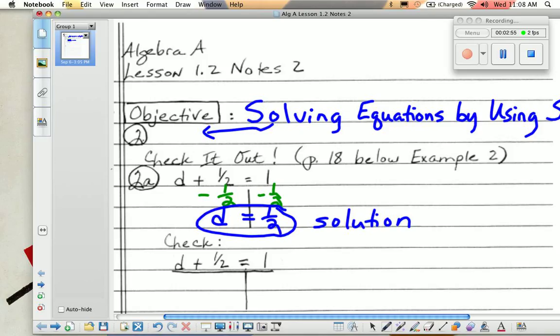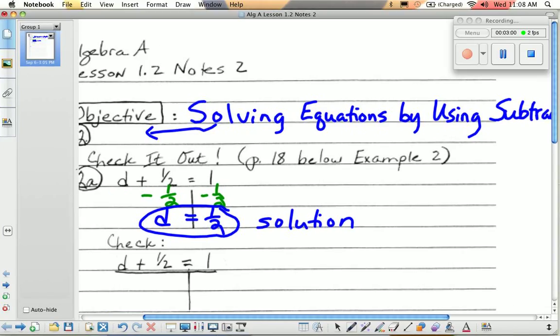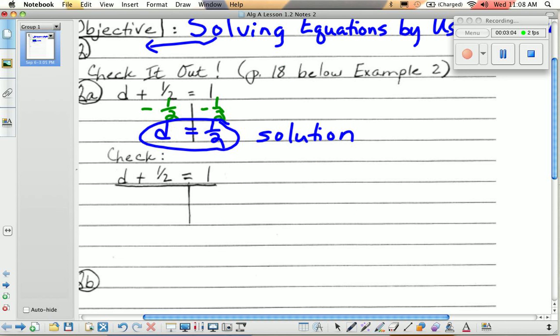Well, we're still going to keep doing check problems. So we're going to use the same format that we used yesterday. We write the equation down. What's that next step called? Substitution. Substitute in for the variable what we think it is equal to, what we believe that it is.